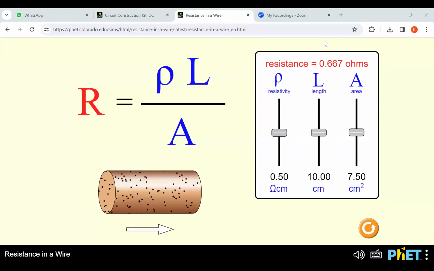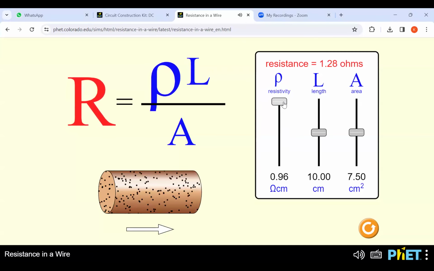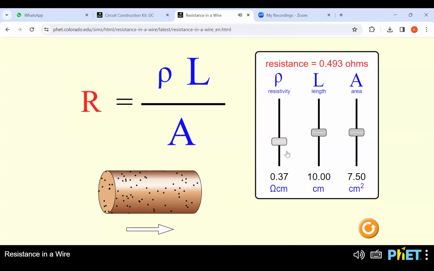I'm going to share with you how it looks like. Okay, so if you scan the QR code, you will be able to see this. So you can see as I increase the resistivity, my resistance increases. And as my resistivity decreases, my resistance decreases.